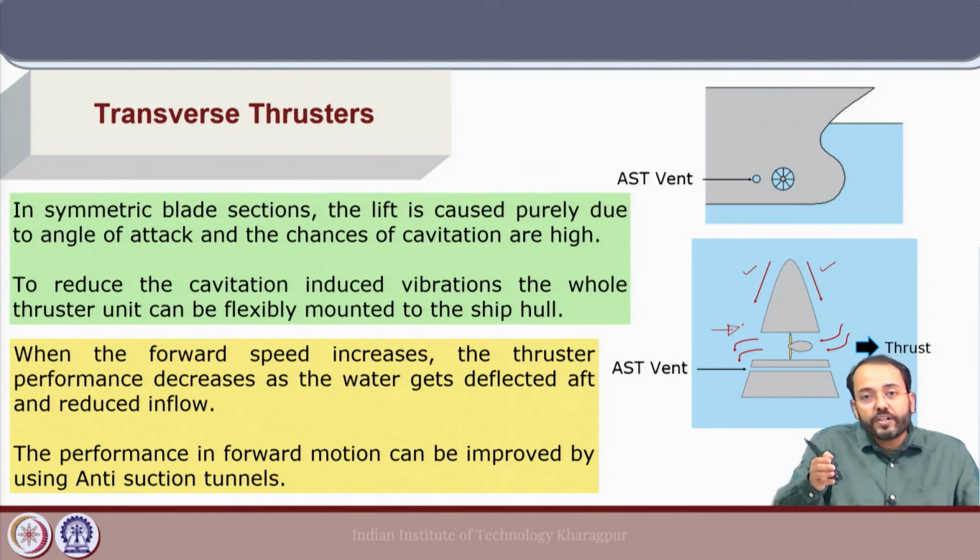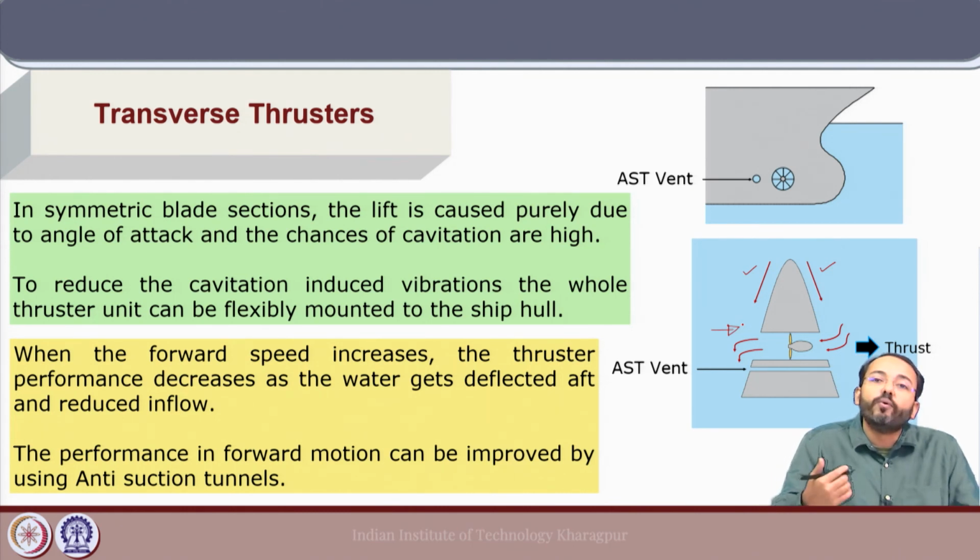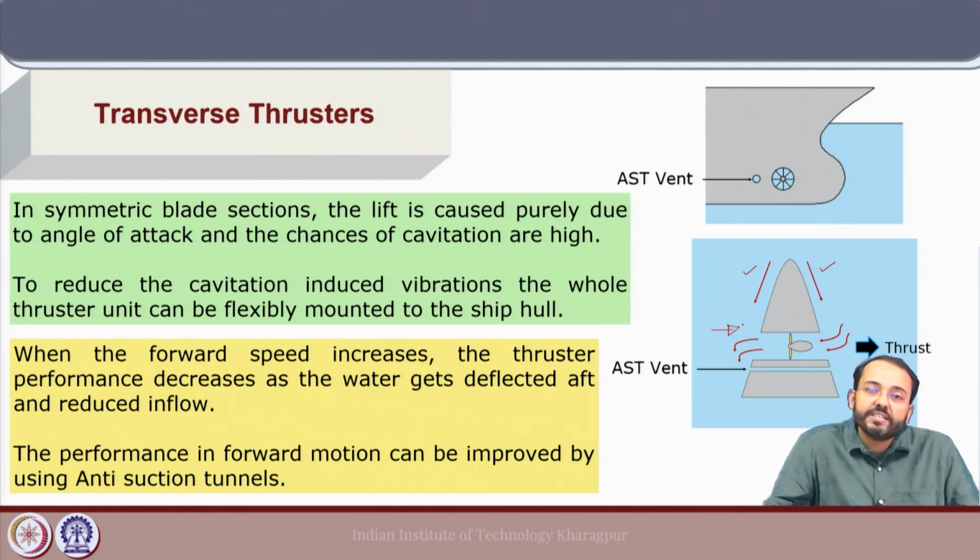So, the high forward speed of the vessel will deflect the water caused by the thruster action, and that will lead to worsening of the thruster performance in high forward speed conditions.